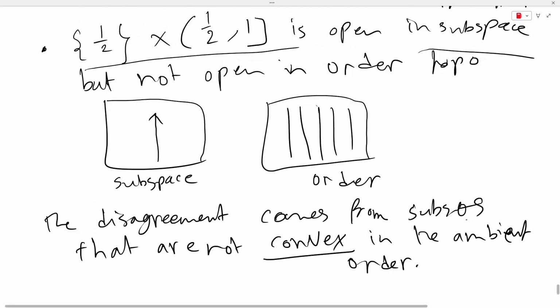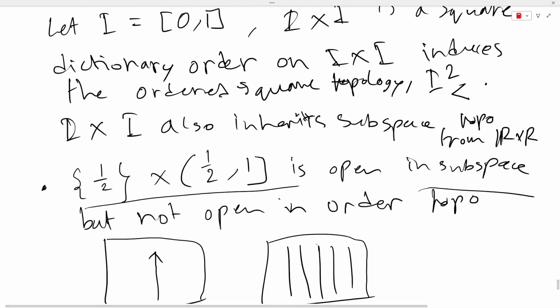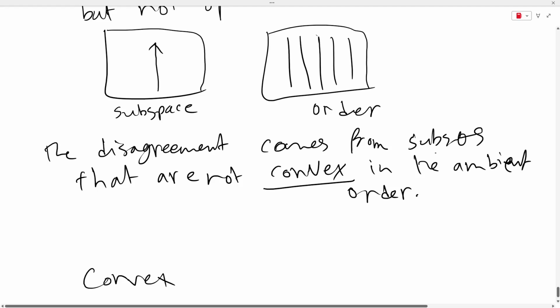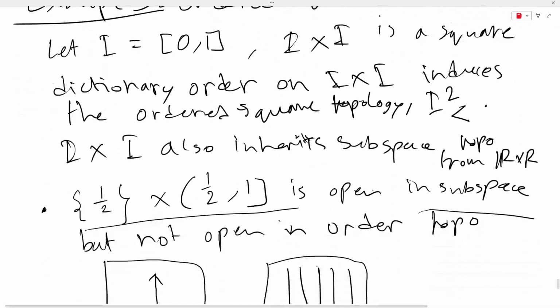I think it's not the product topology, it's the dictionary topology. My bad. So R times R with the dictionary topology. So the subspace property of I times I versus I times I having its own dictionary order is actually different.